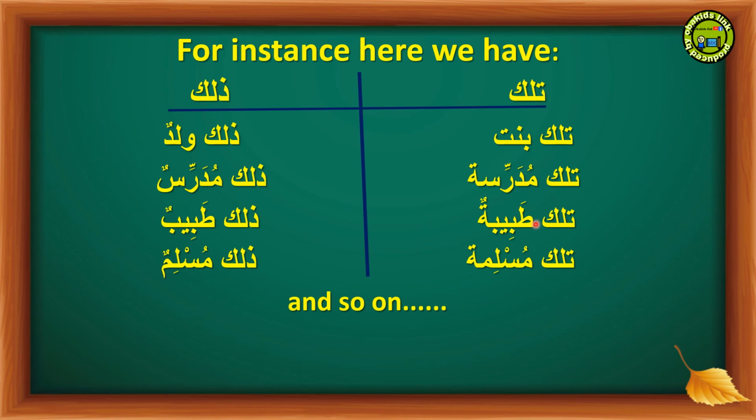Tilka tabibatun means that is a female doctor. Zalika tabibun means that is a masculine doctor. Tilka muslimatun means that is a female Muslim. Zalika muslimun means that is a male Muslim. And so on.